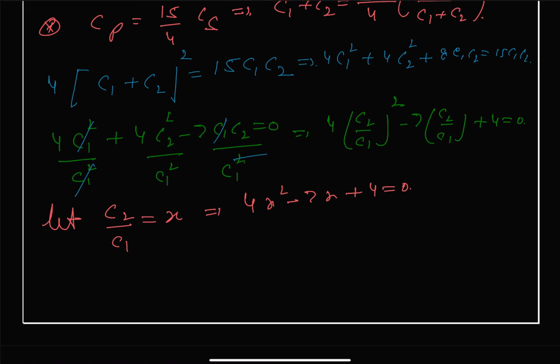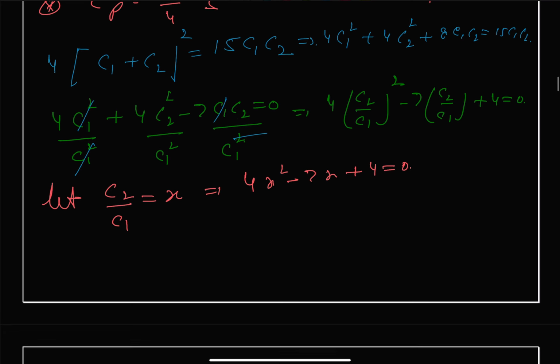And this question is basically, you can say, the roots will not be real, because we find out b square minus 4ac, and this gives us 49 minus 64, which will be coming less than 0.